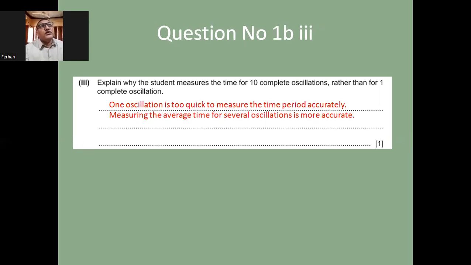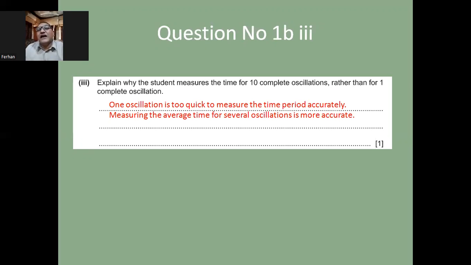So if you try to measure the time period for one swing directly, you start the stopwatch and you stop the stopwatch, and the reaction time of the human is approximately 0.5 seconds. That reaction time is very large compared to the time period for one oscillation, so that will create a large error in your measurement.